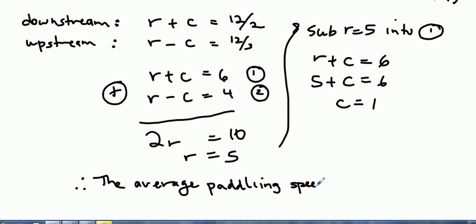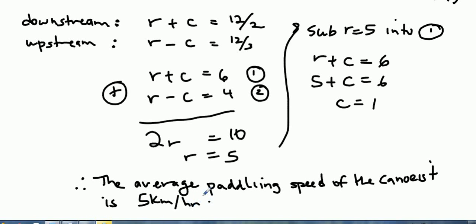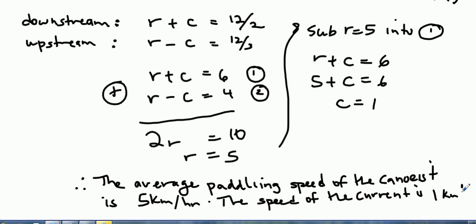So the average paddling speed of the canoeist is my R, which is 5 kilometers per hour, and I've got my units there in my let statement too. The speed of the current is 1 kilometer per hour. Okay. That's it. Thanks for your patience.